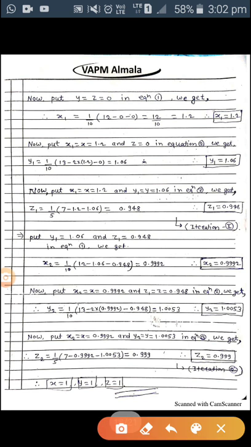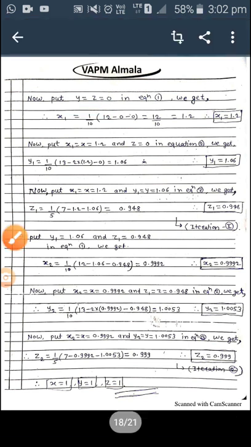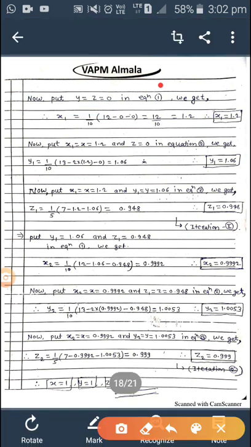Now, to solve these equations, take the value of y and z as 0. Put these values of y and z in equation number 1, and therefore we get the first value of x, that is x1.